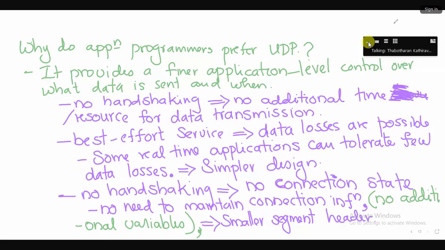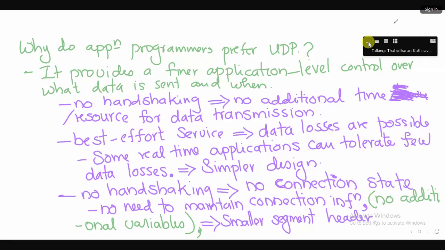It's a no frills protocol, so why do people prefer it? Those are some reasons. And I think with that we can conclude the discussion for designing the UDP protocol.